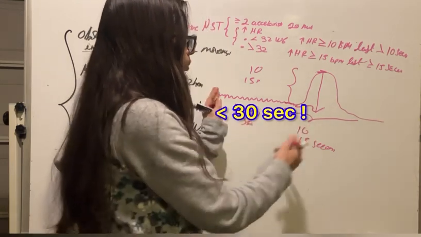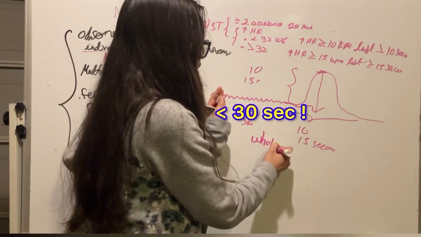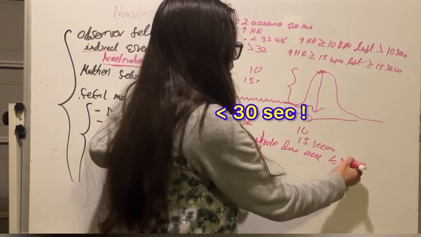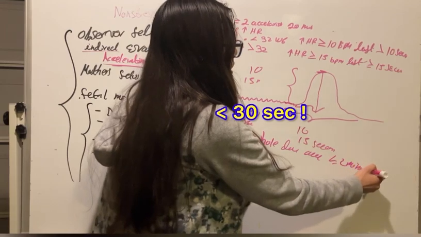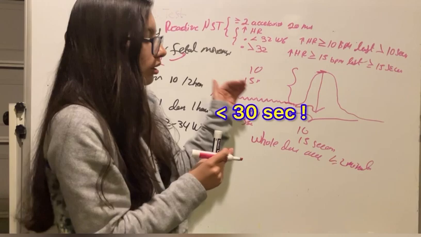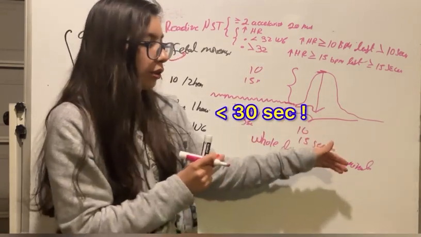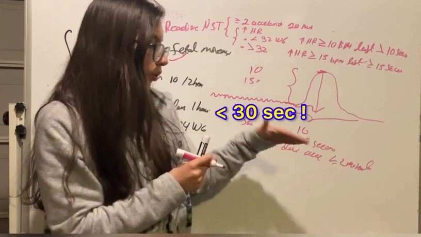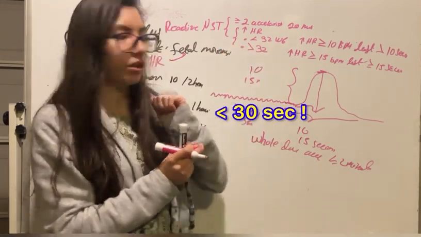And the whole duration of the acceleration is less than 2 minutes. Because if we have an acceleration that lasts more than 2 minutes, then we are not calling that an acceleration. Then that is called a new baseline for heart rate.